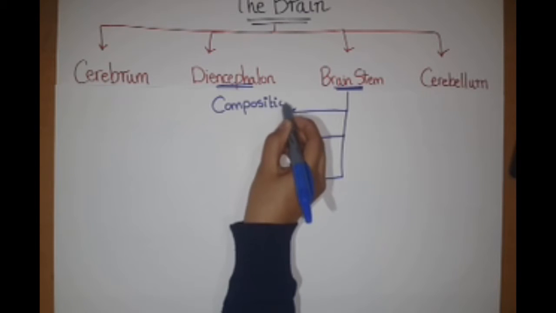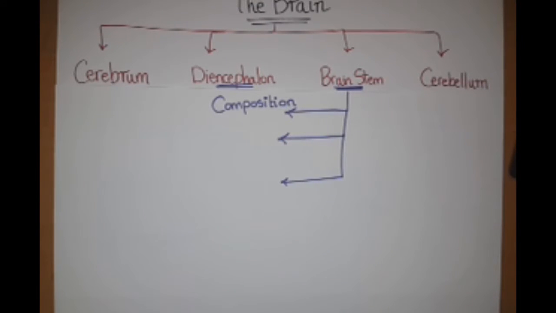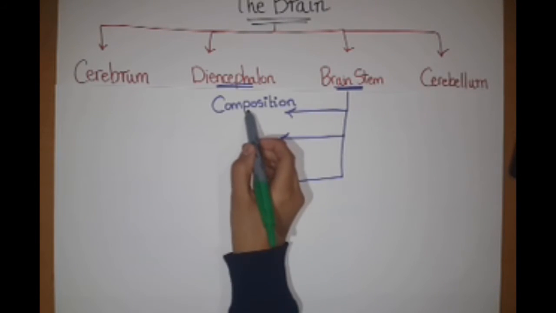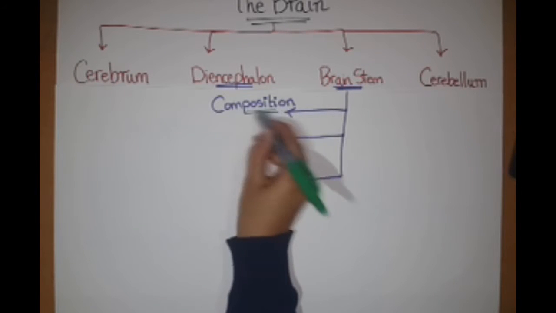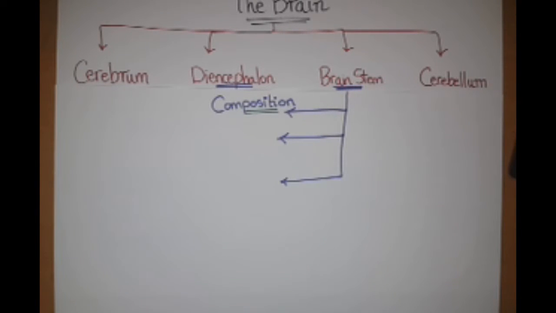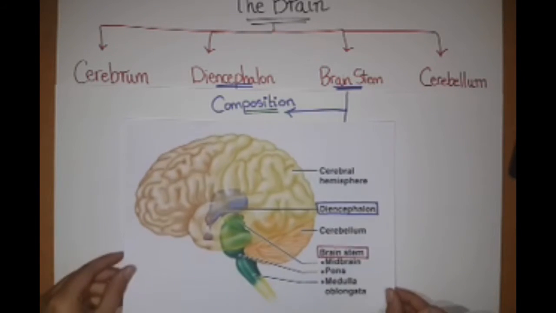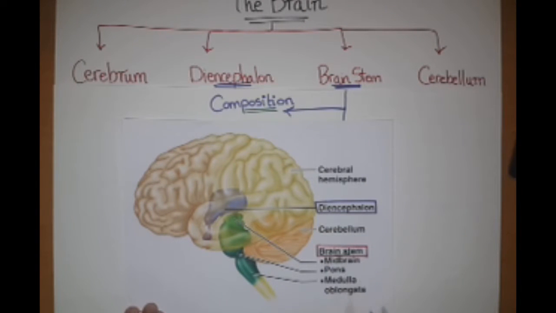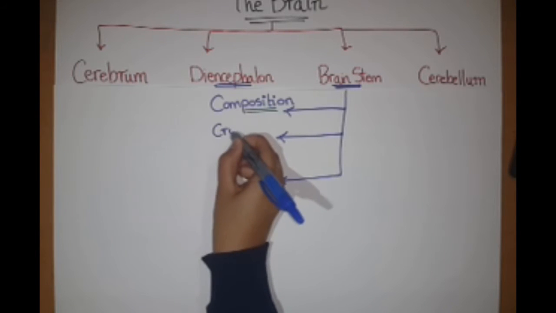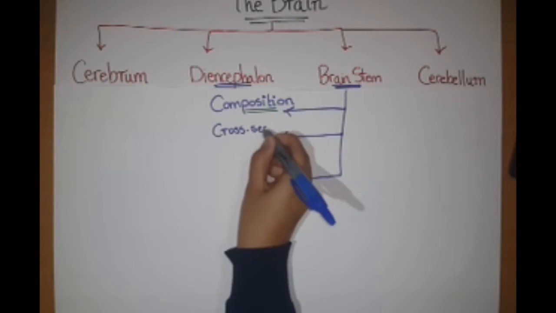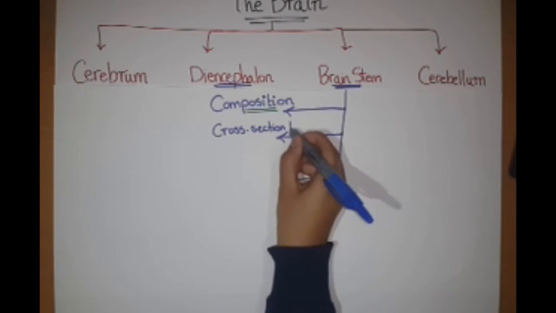For the composition of the brain stem, we have 3 different components: the midbrain, the pons, and the medulla oblongata. Now let's move on to the cross-section lamina of the brain stem.